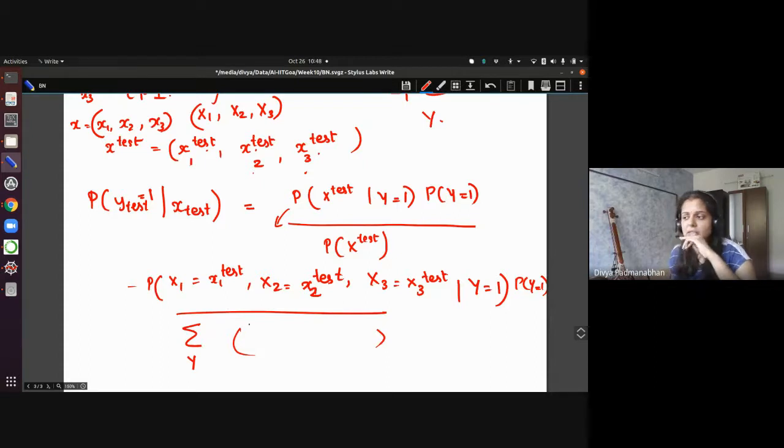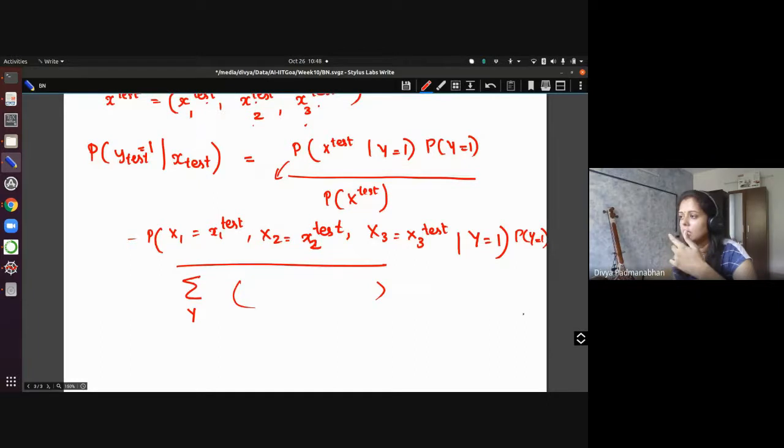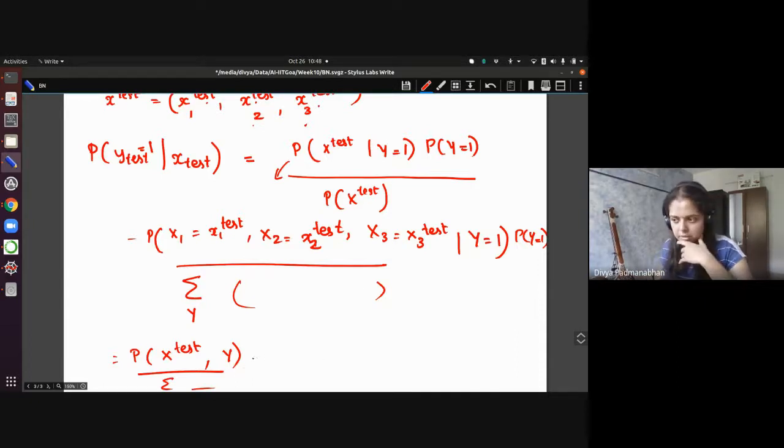So this is what you would do. If I have to write it one step before, it's actually the joint, right? This numerator is just the probability of x test, comma y, divided by this whole thing. So on the numerator, what you actually have is a joint probability.